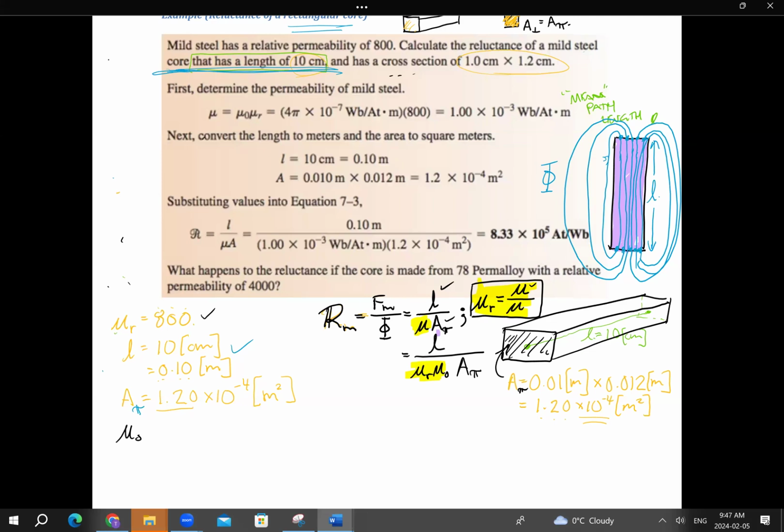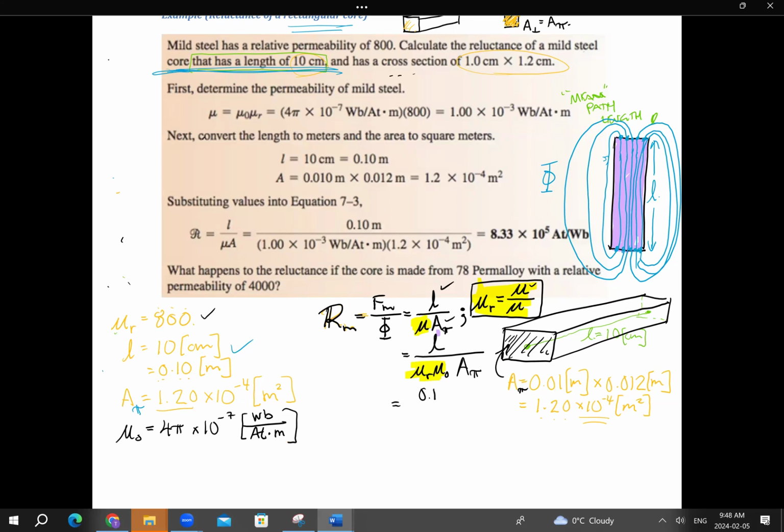Permeability of free space is always 4 times pi times 10 to the negative 7, a very, very small number. Webers per amp turn times meter, or per amp times meter if we don't want to carry the T for turns, but I like carrying it. It's not a standard SI unit though. I like carrying it for simplicity, especially when we are new learners to the magnetic circuit calculations.